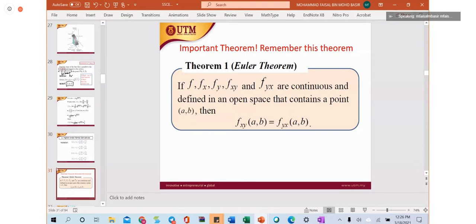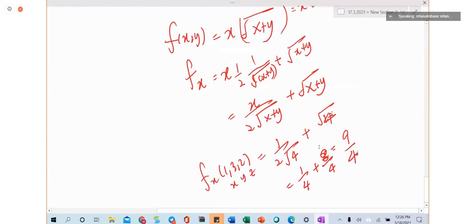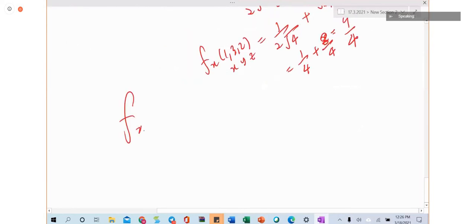So you might wonder what is that, right? Fxy and Fyx. Fxy, what is that? This is the first one, right? This is the second one.